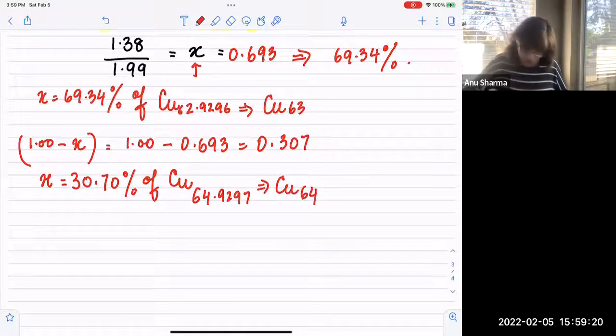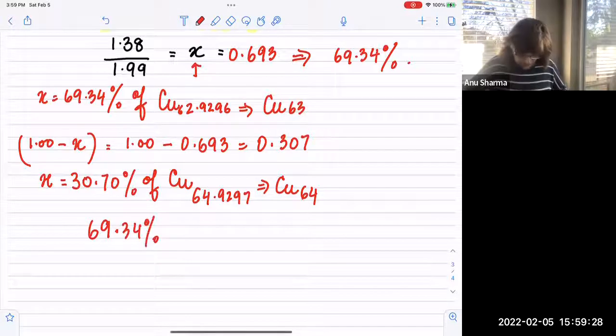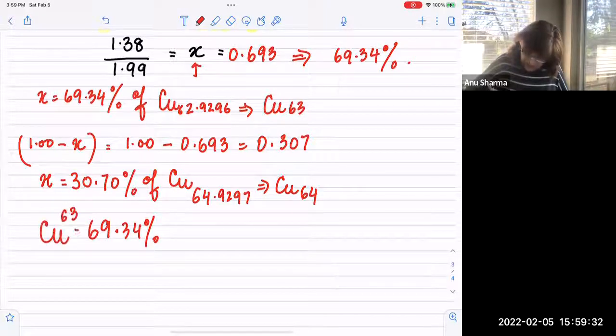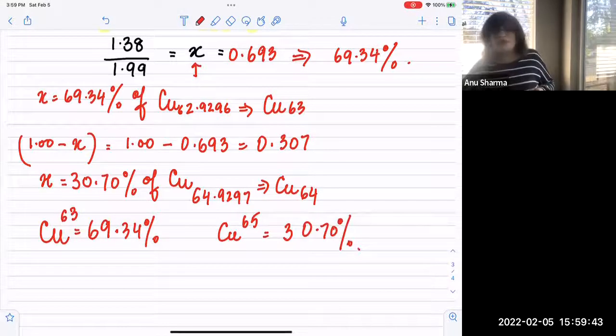Okay, so one of the percentages is 69.34 percent, and this is for copper-63, and copper-65 is 30.70 percent. Okay, so in that range.